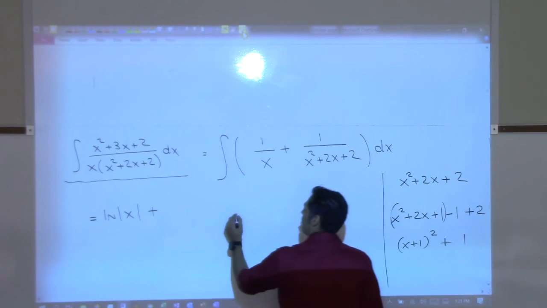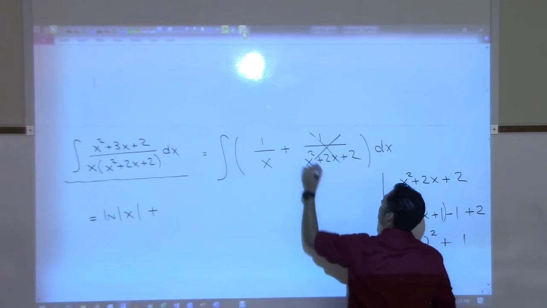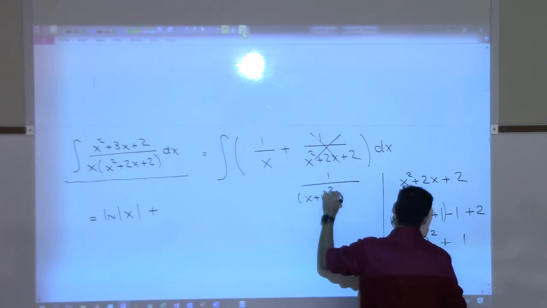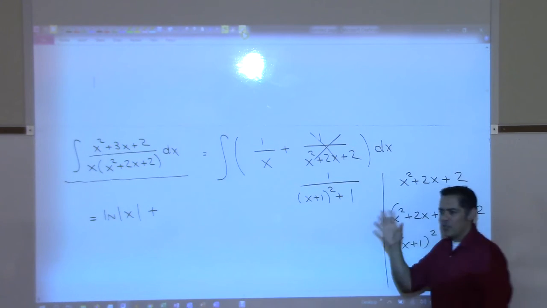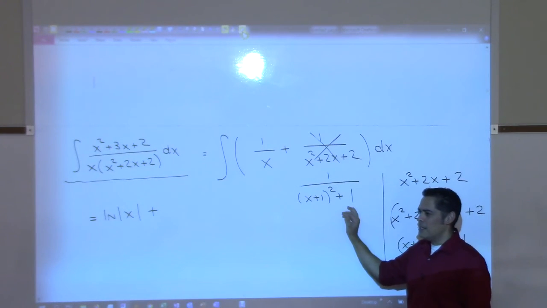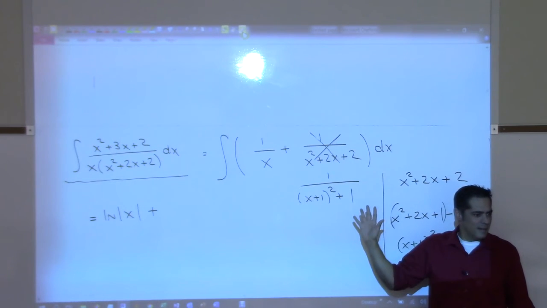Okay. So now this turns into 1 over x plus 1 squared plus 1, and this is where we squint our eyes and we realize that that's really just like formula 17. This is like 1 over u squared plus a squared or something like that.